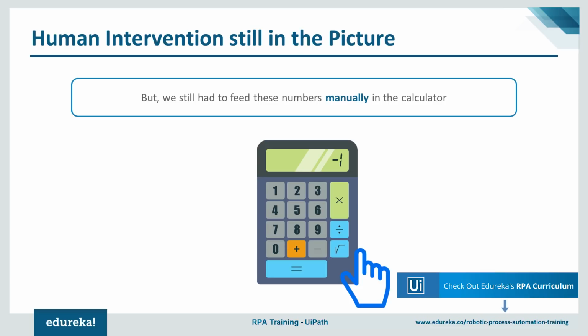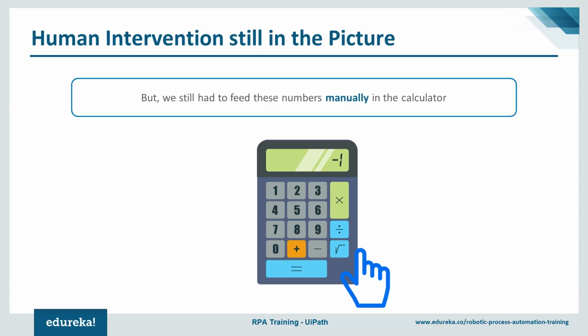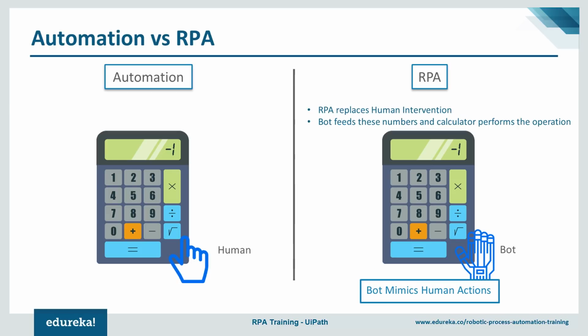We came up with big formulas or big equations which had to be solved, and feeding them inside the calculator took time as well. So we said, okay, this is again more time. We needed even less time to get the calculations done. And this is where you have to understand that we could not help because we needed a human to enter the values. We cannot automate this task because what we are thinking is what we have to enter. But then came RPA.